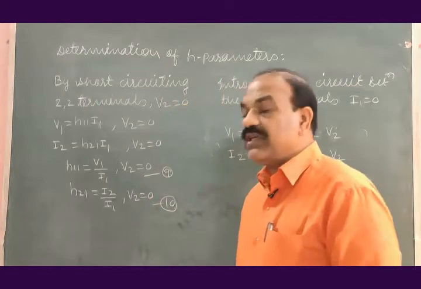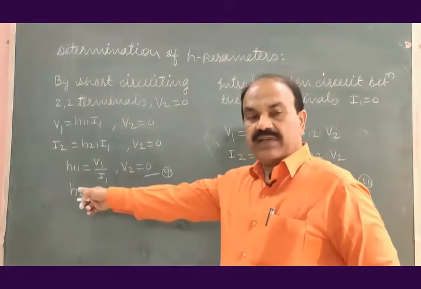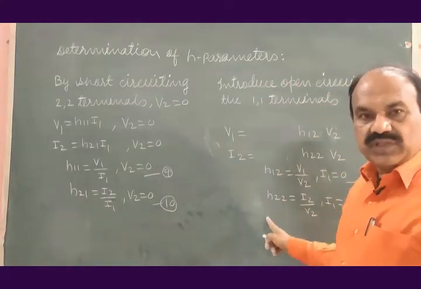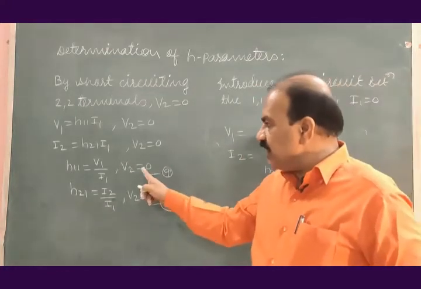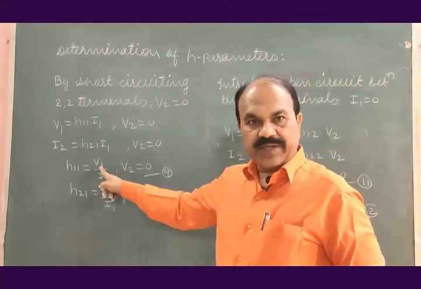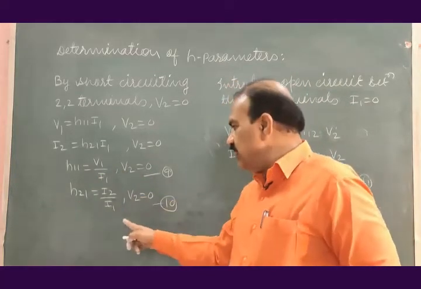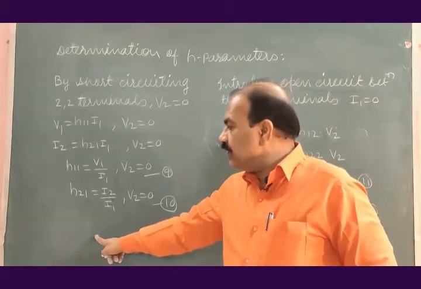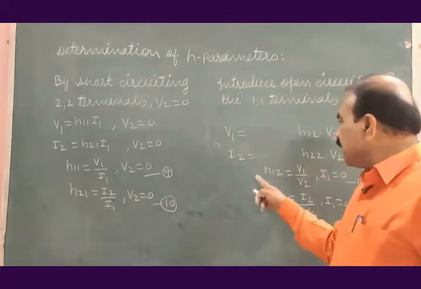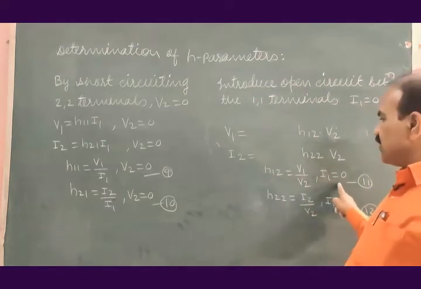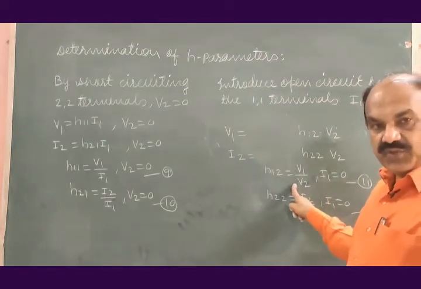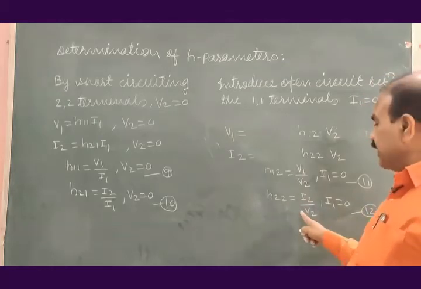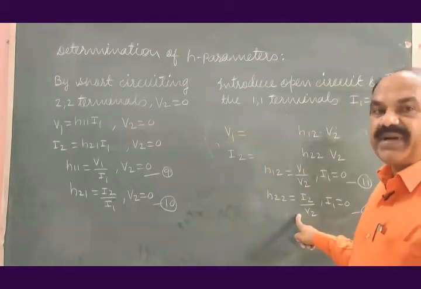Okay, this way we have determined H11, H21, H12, H22. H11 is the short circuit input impedance, H21 the short circuit forward current gain, H12 the open circuit reverse voltage gain, H22 the open circuit output admittance.